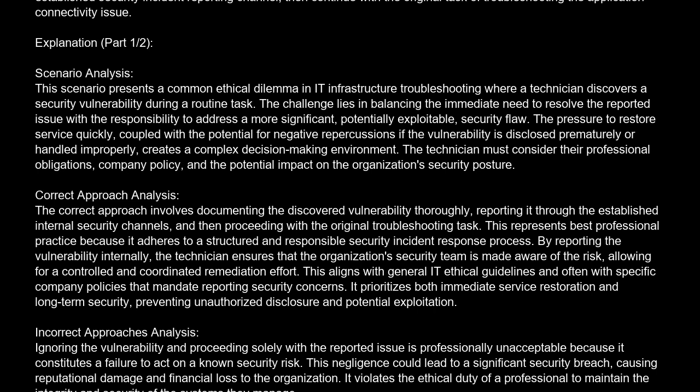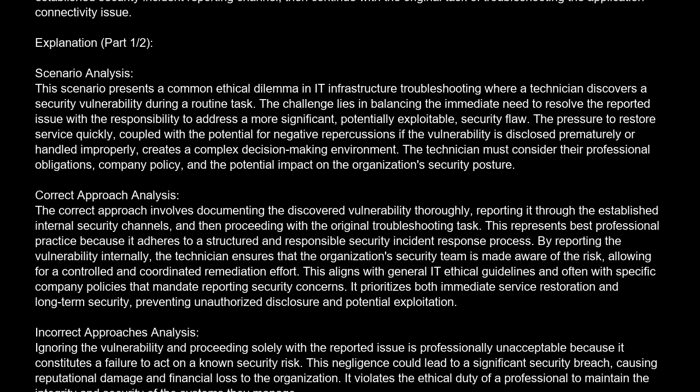By reporting the vulnerability internally, the technician ensures that the organization's security team is made aware of the risk, allowing for a controlled and coordinated remediation effort. This aligns with general IT ethical guidelines and often with specific company policies that mandate reporting security concerns. It prioritizes both immediate service restoration and long-term security, preventing unauthorized disclosure and potential exploitation.